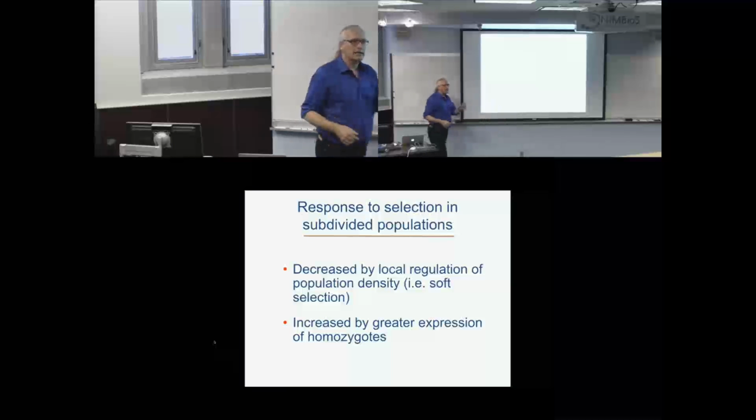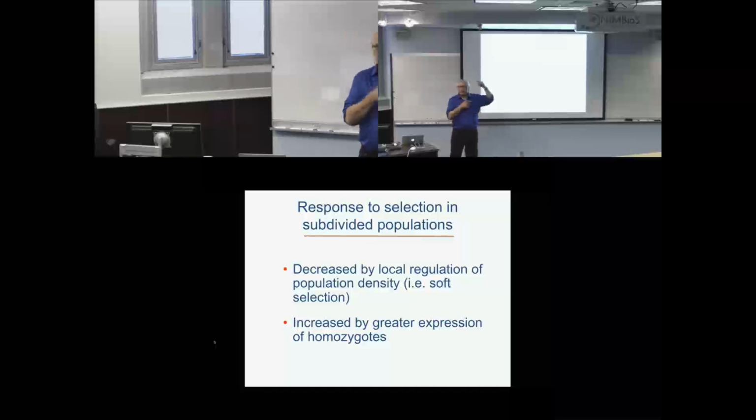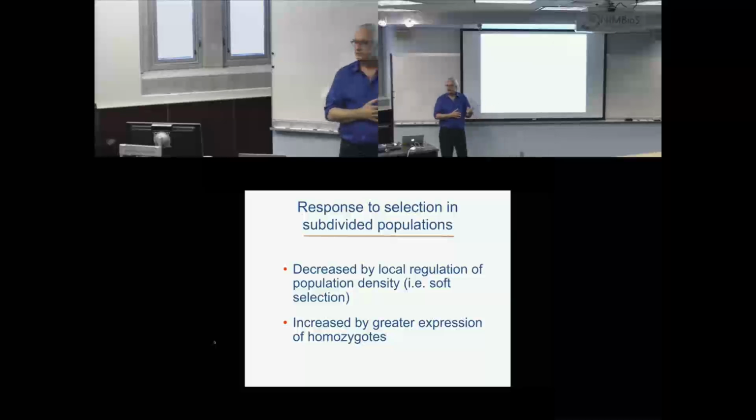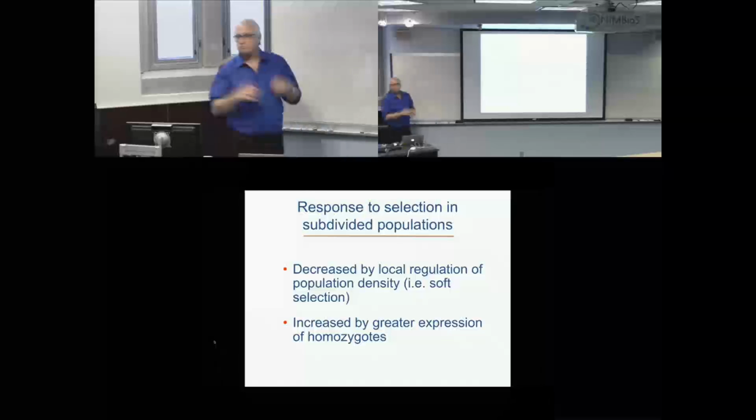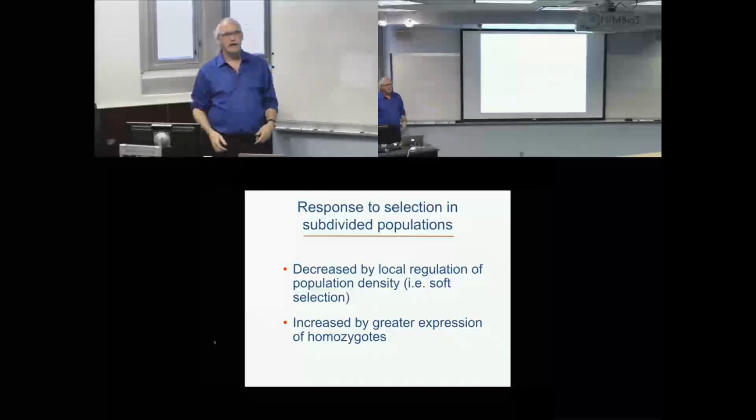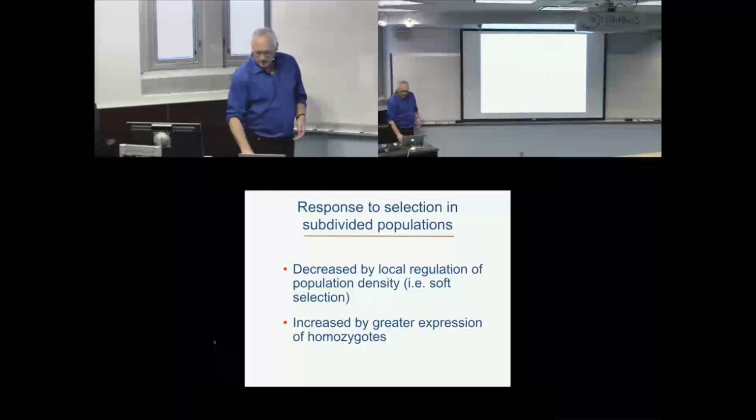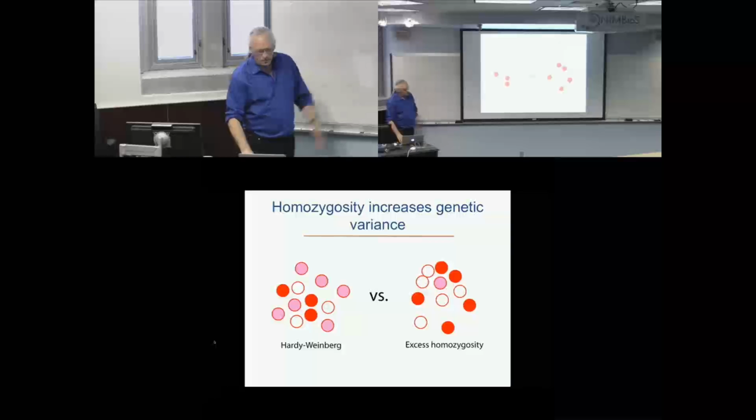Okay. Now the thing is, homozygotes are more different from each other than either one is from the heterozygote. And so by expressing things as homozygotes, you're actually increasing the genetic variability that selection can see. Okay? So that makes selection more effective. Okay? So, it could go either way. How does it work? That's what I want to try to get at.